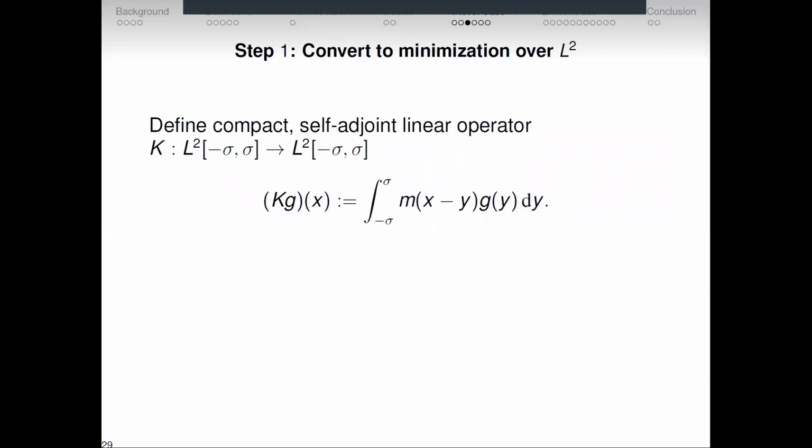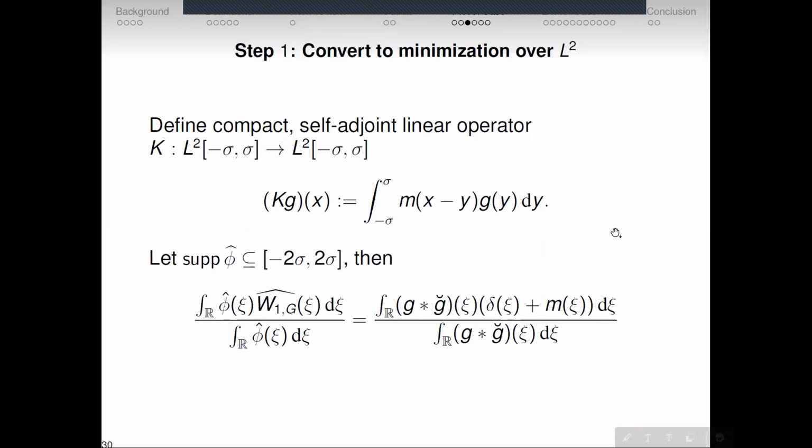The problem can be solved in two steps. The first is to reduce it to a different optimization problem. We define a linear operator K such that given an L2 function g supported on -sigma and sigma, Kg is given by integrating g against the kernel M. Remember that phi hat, the Fourier transform of our test function, is supported on -2 sigma and 2 sigma, and can be written as some convolution.